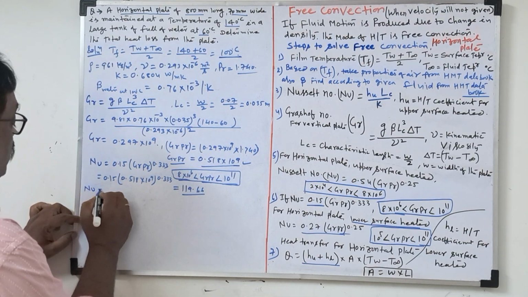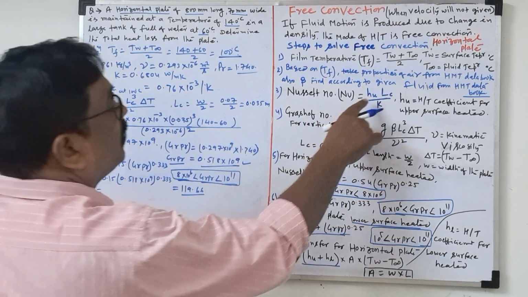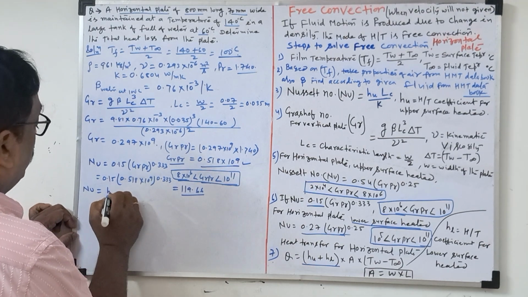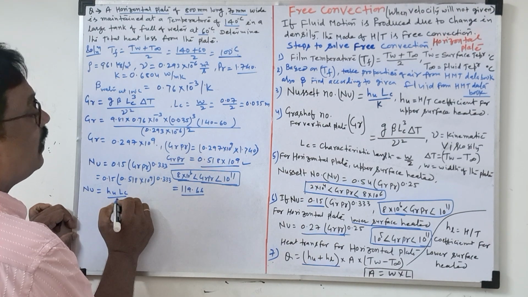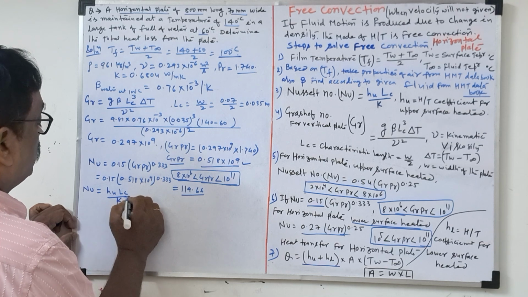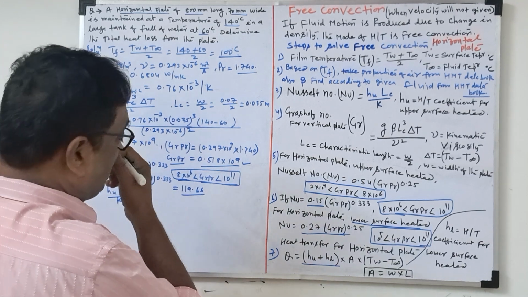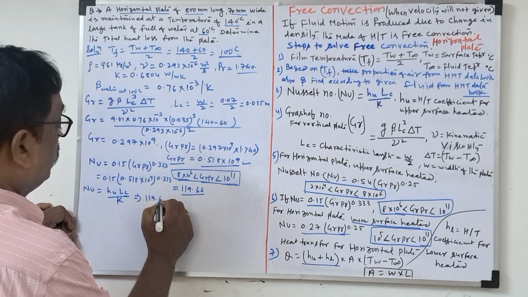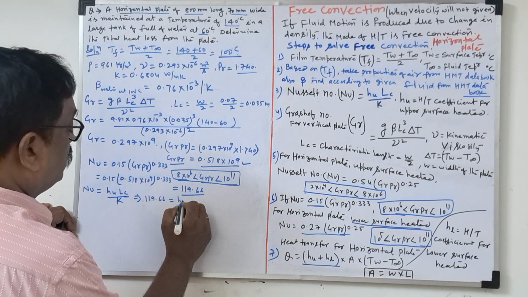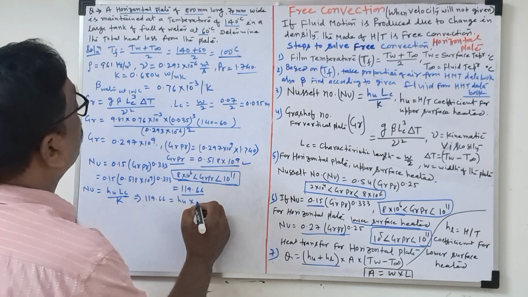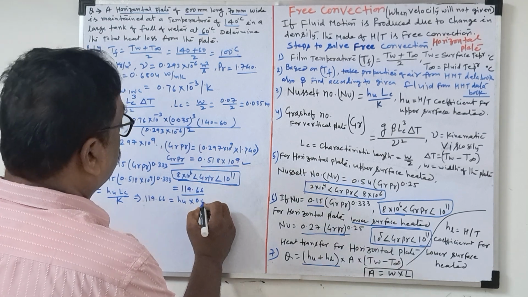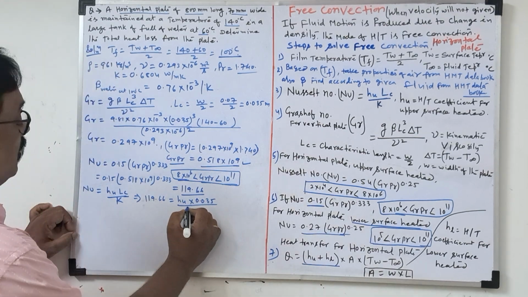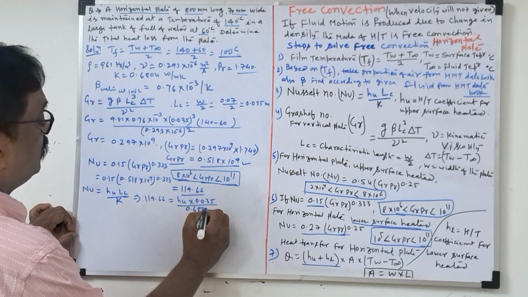Then we know the Nusselt number is equal to HU, upper surface heated, HU LC by K. So HU will be calculated here. The Nusselt number is 119.66, equal to HU, LC critical thickness 0.035, by thermal conductivity 0.6804.